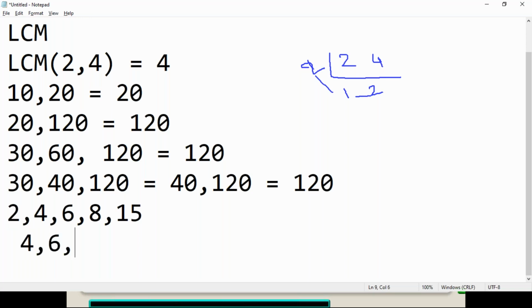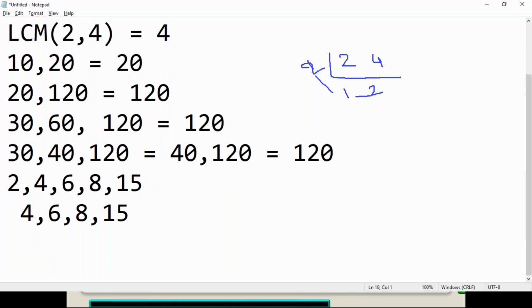Remove 2. 4, 6, 8, 15. Similarly 6. No need to find the LCM again for 2, because 4 is a factor of 8 also. Instead of finding the LCM for 5 numbers, you have to find the LCM for only 3 numbers. Understood all of you?